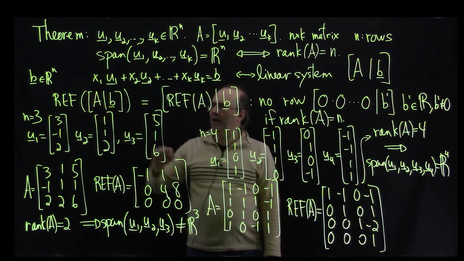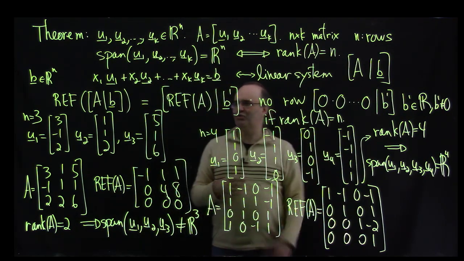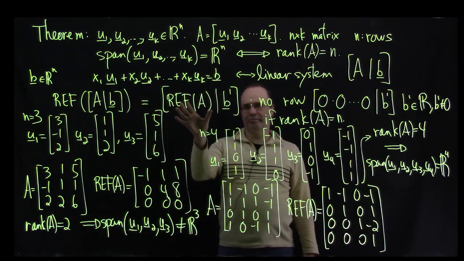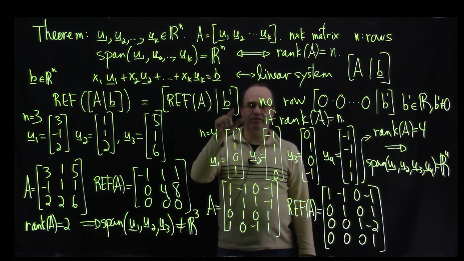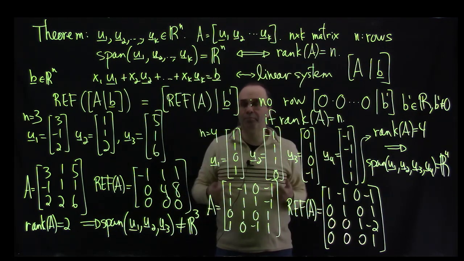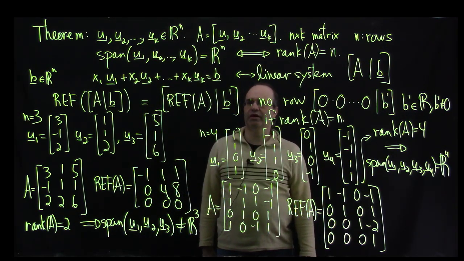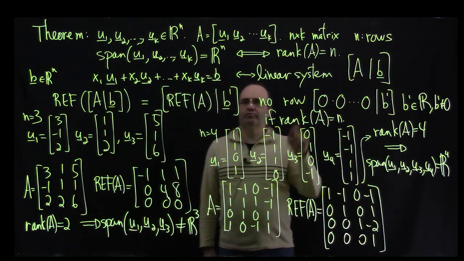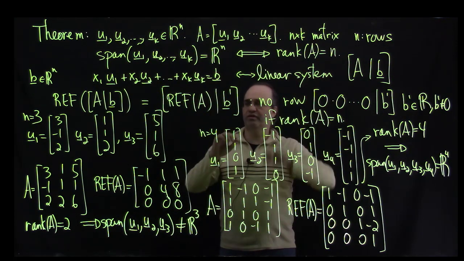So you apply row operations, and what you will get is a new augmented matrix where the first part is a row echelon form of A, and then the last column will change. I wrote it as B prime, so it means it's a vector obtained from B by applying row operations. So normally it would be a different vector from B. Now we want to see if we can find a solution to that system.